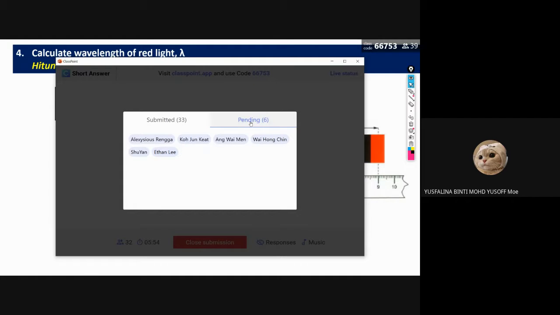Okay, Alex, Junket, 91, Hongqing, Julian, Ethan. You cannot give your answer in the class point, just give the answer in the chat. It's okay.